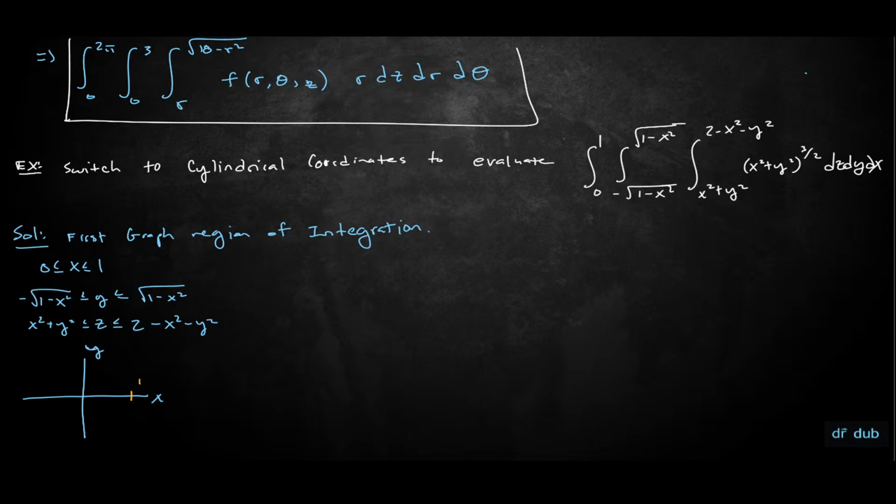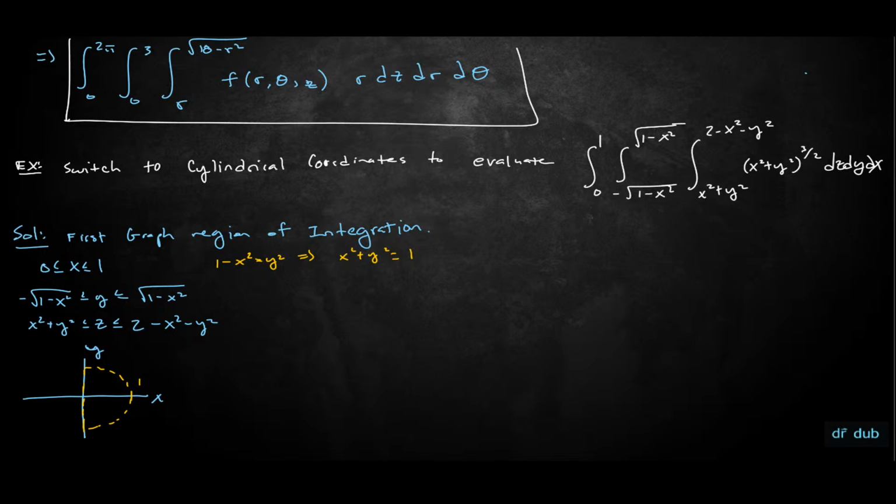So here's 1. If you square both sides of this y inequality, you basically see circles: 1 minus x squared equals y squared, and say x squared plus y squared equals 1. So it's like the right half of a circle because x is greater than 0. So in the xy direction, it's part of a circle.